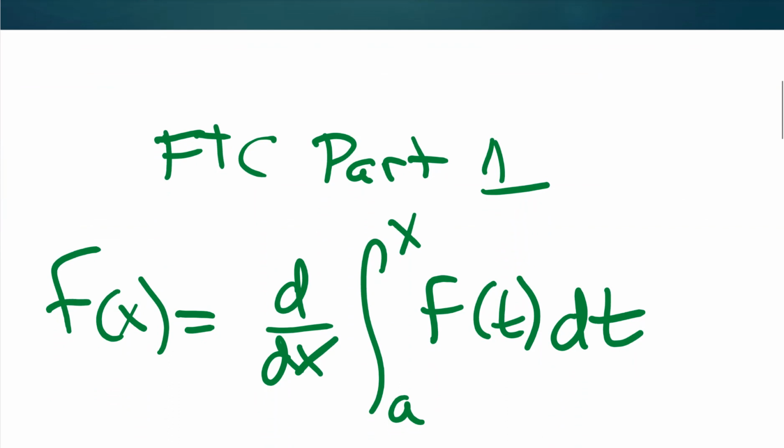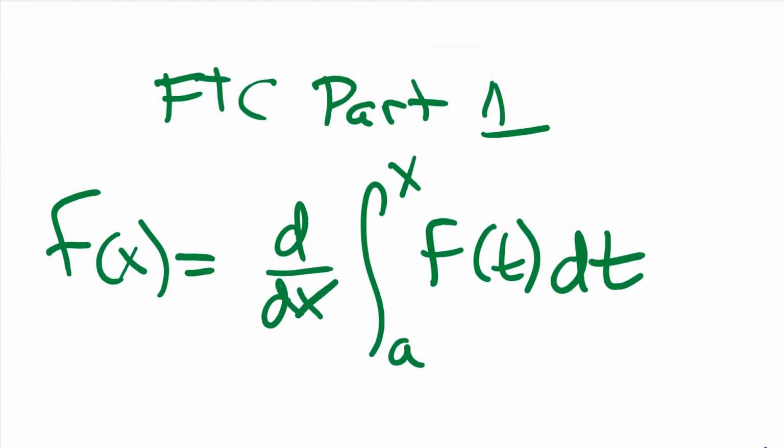So let's just jump into how we can use it. And this is what we came to the conclusion of last time. FTC part 1 was saying that if you take the derivative of an antiderivative, an integral, wouldn't that just unravel whatever it did?